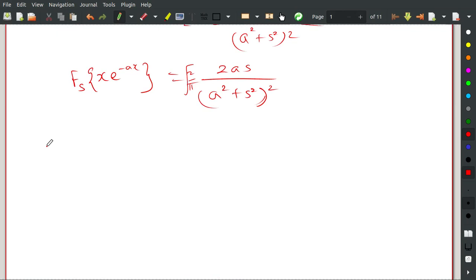So let's work out the last example, example 10 in our book.